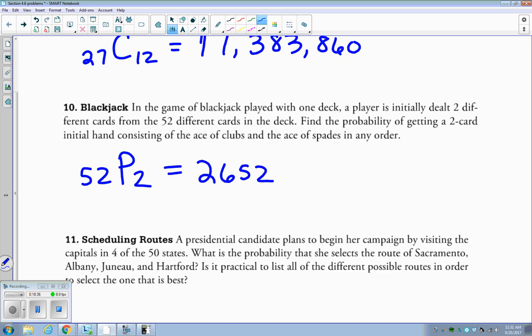Everybody, it would be 2 over, because I could get the ace of clubs first and the ace of spades second, or I could get the ace of spades first and the ace of clubs. So that's why there's 2 possibles that would still get me what I wanted out of the 2,652, exactly. And of course, if I reduce that, what do I end up with? 1,326?